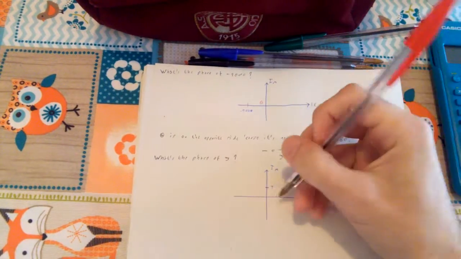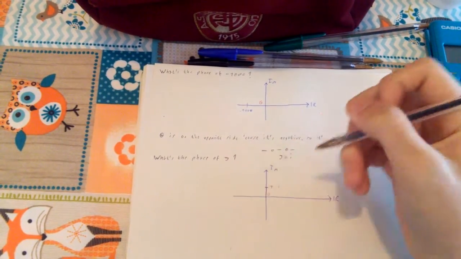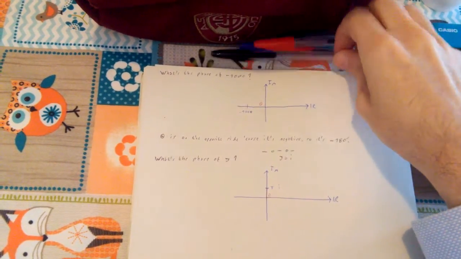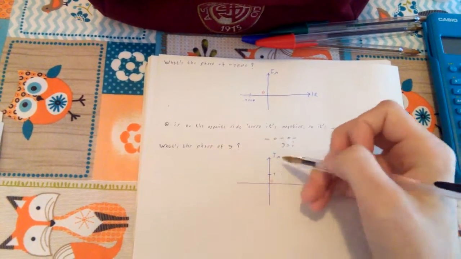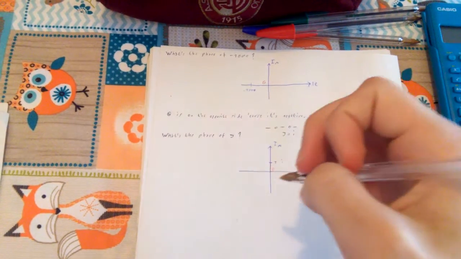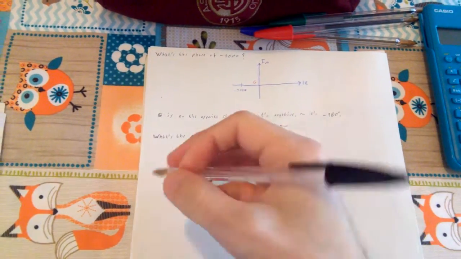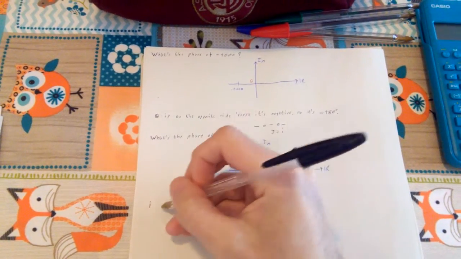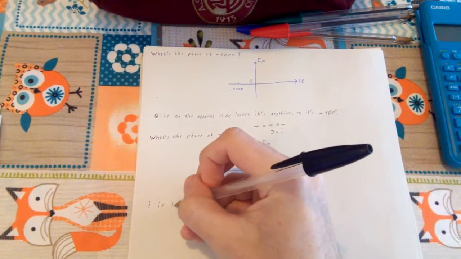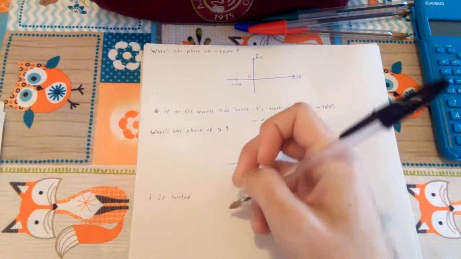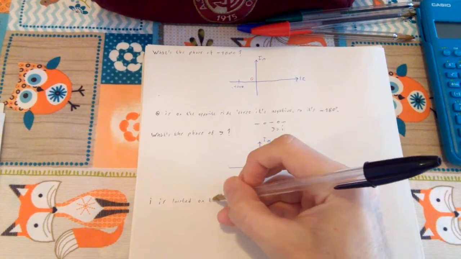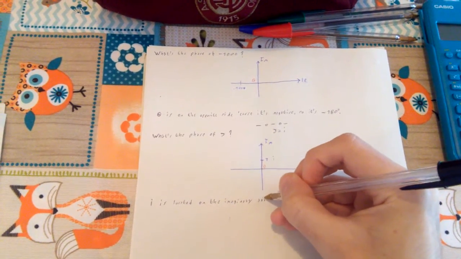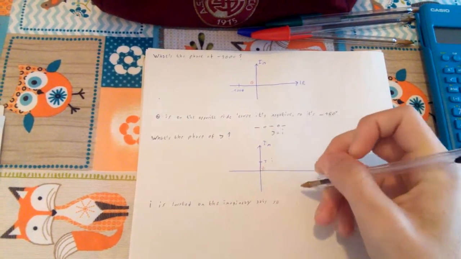We're basically going to be interested in this, okay? And this angle here, since we only have an imaginary number, is going to be 90 degrees, because i or j is located on the imaginary axis.